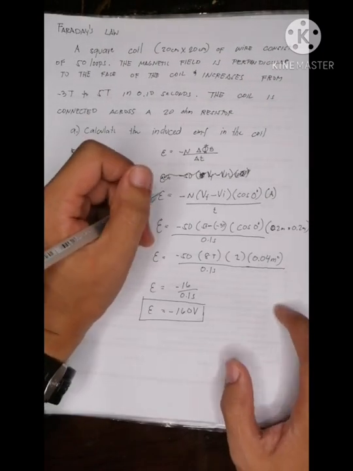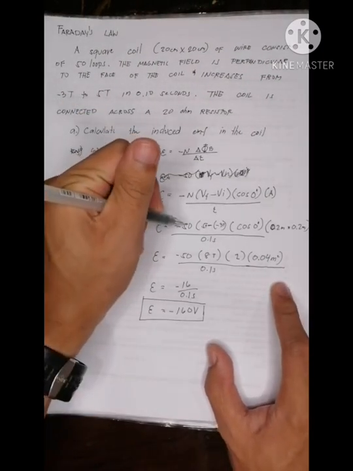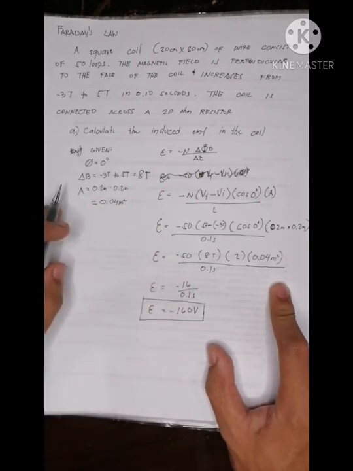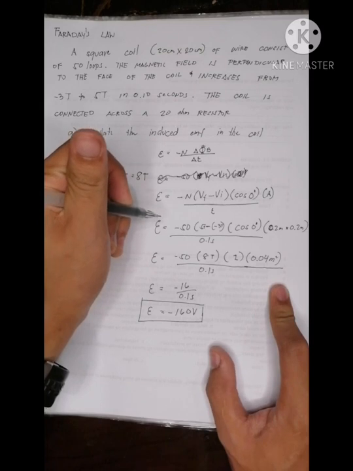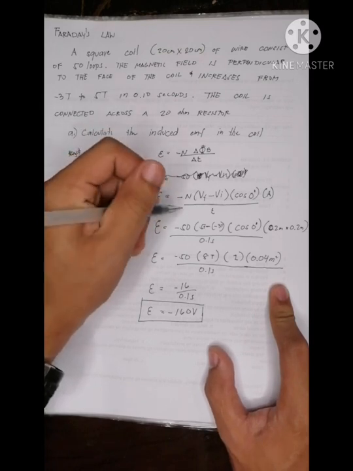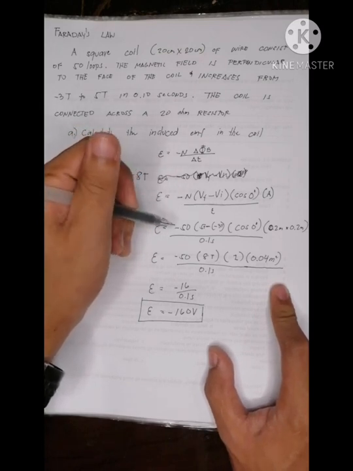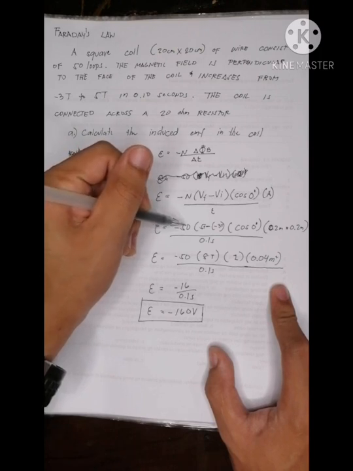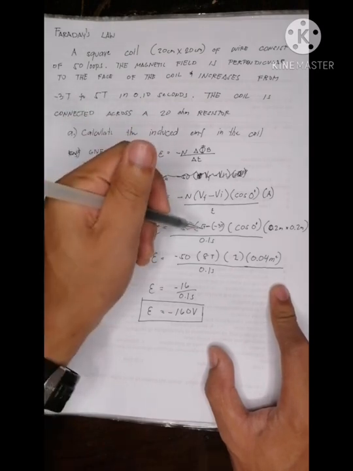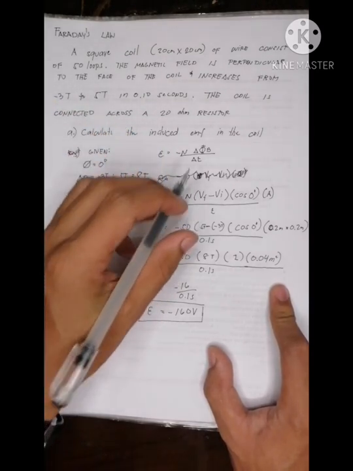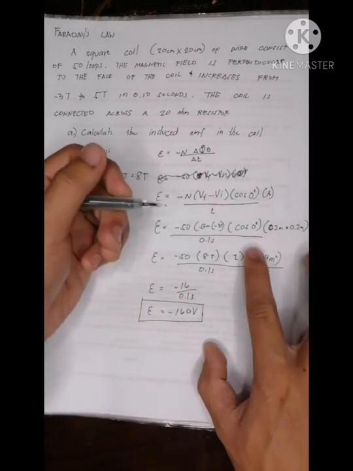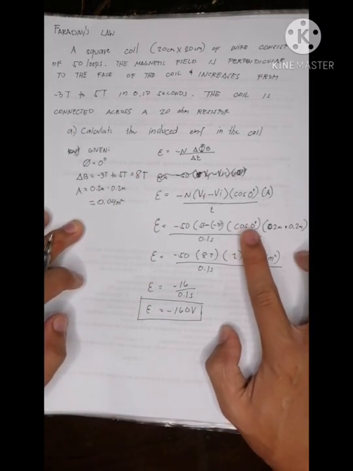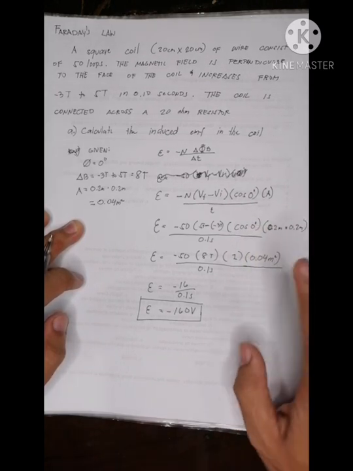So now let's substitute the values in our problem. In getting our electromotive force, we have 50 turns, negative 50 loops or turns. The change of magnetic field would be 8 Tesla, and the answer for cosine 0 degrees is equal to 1.